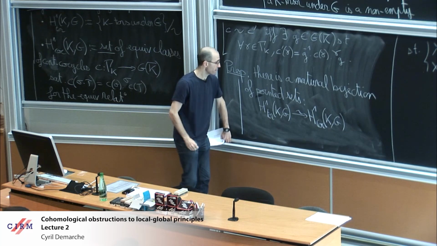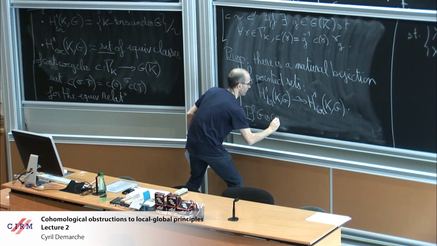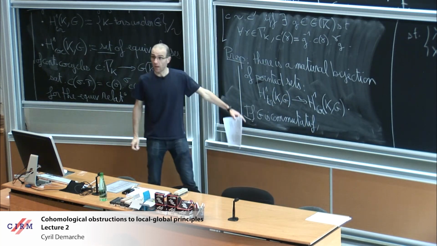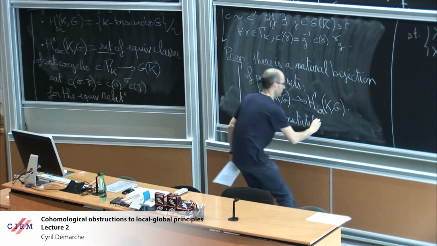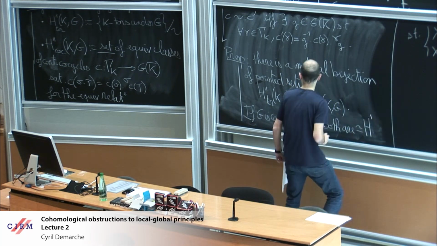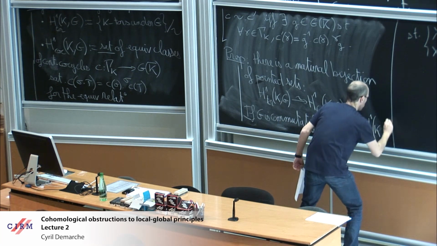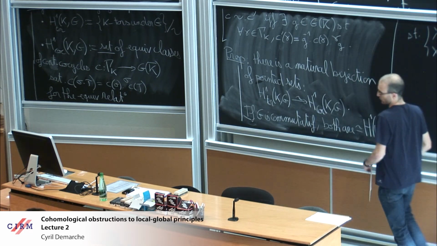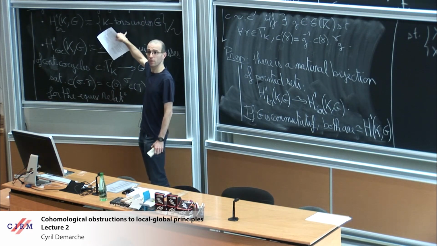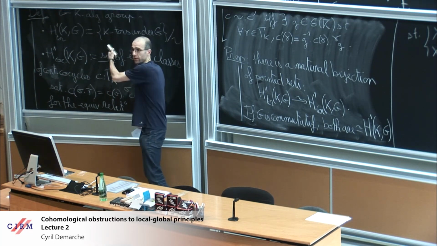And if G is commutative, both are isomorphic to the classical H1. So in particular, in the abelian case, you have a group structure on the set of torsors, and later on we will explain a geometric way of describing this structure.